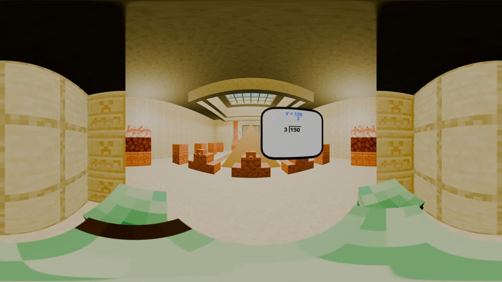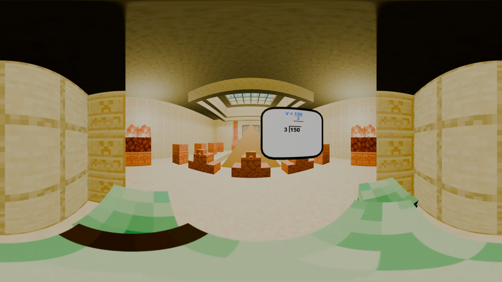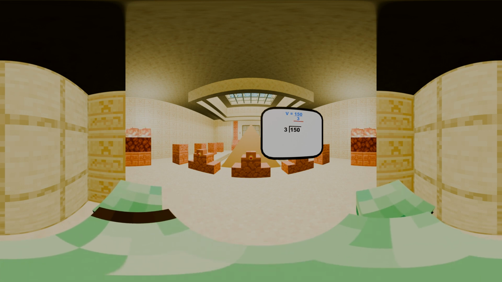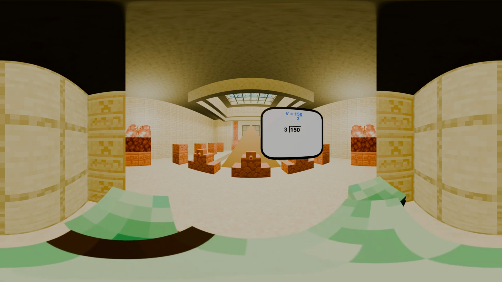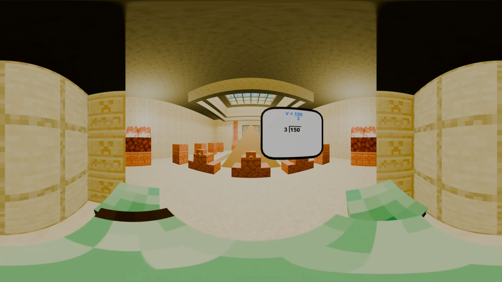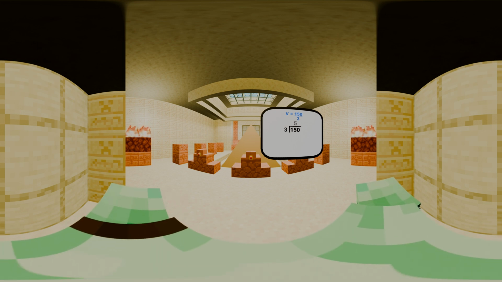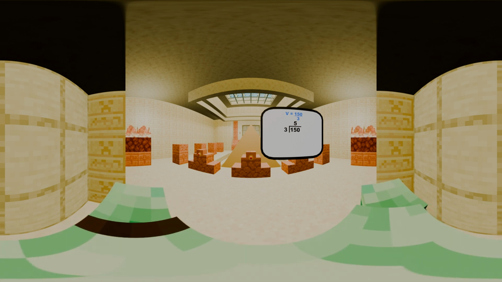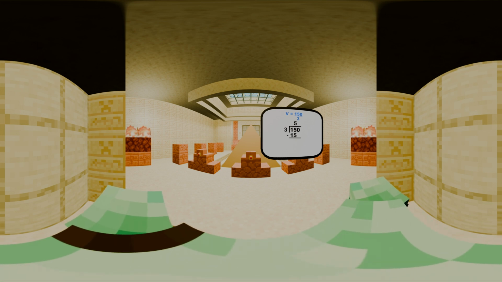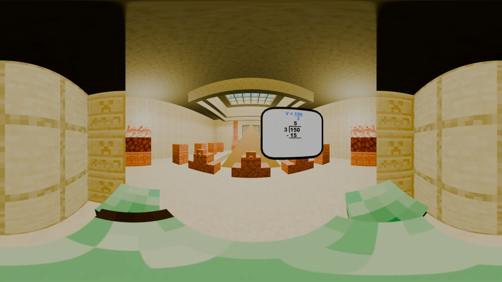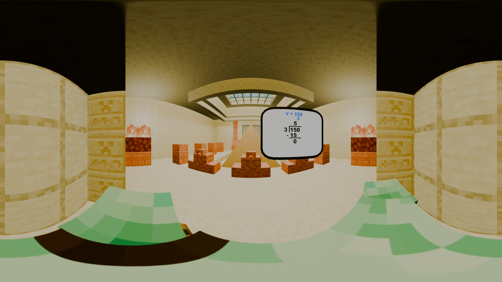I need to divide 150 and 3. Let's do it step by step. What can we multiply to 3 that we can subtract to 15? It is 5. 3 times 5 is 15 and 15 minus 15 is 0.